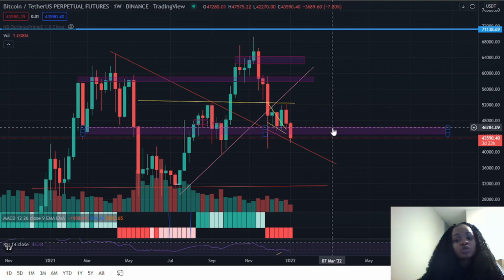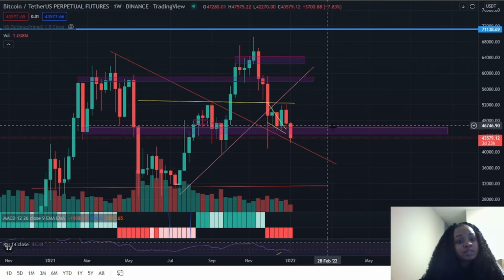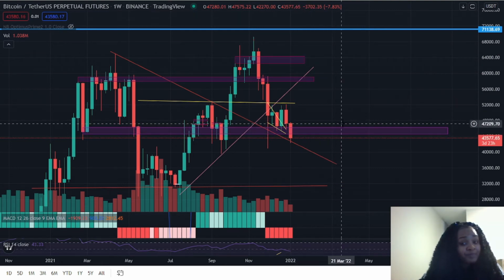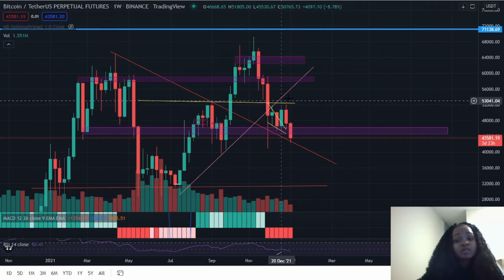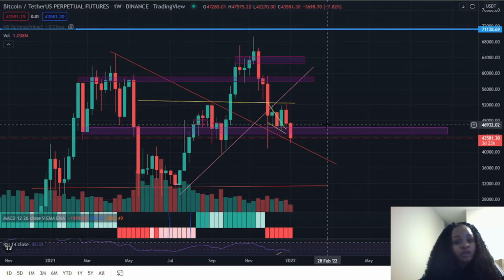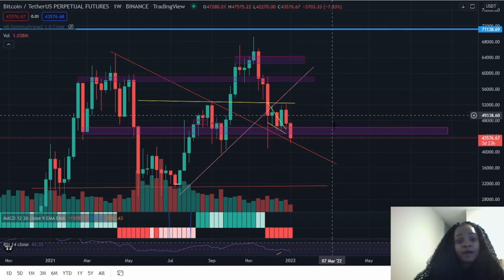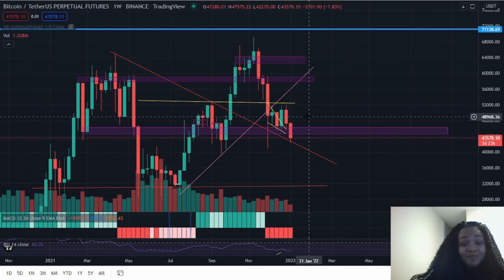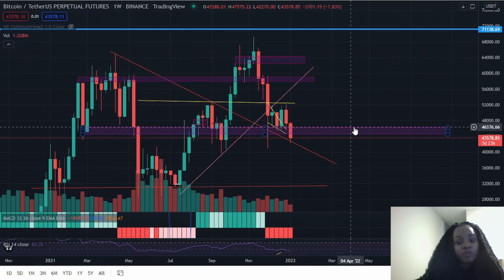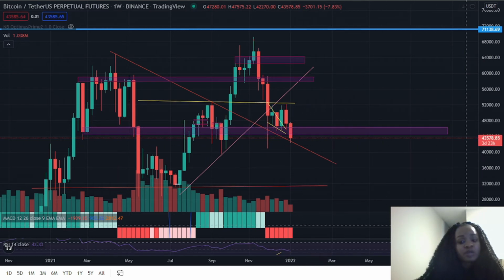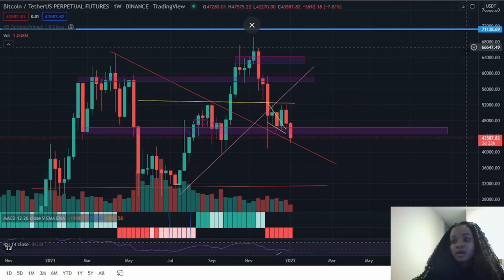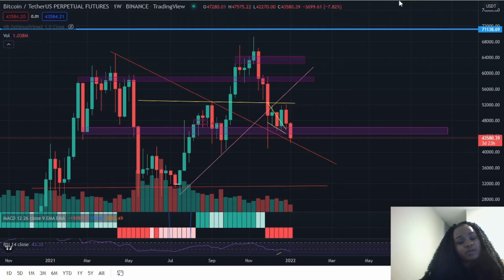Is it heading towards the support and resistance line of the weekly time frame or not? Because if it is, then you want to be prepared to take the right trade. Because if it is, then for sure the price is going to respect that weekly time frame support and resistance. I hope you understand what I mean. If not, you just have to rewatch this video and hopefully you understand it.